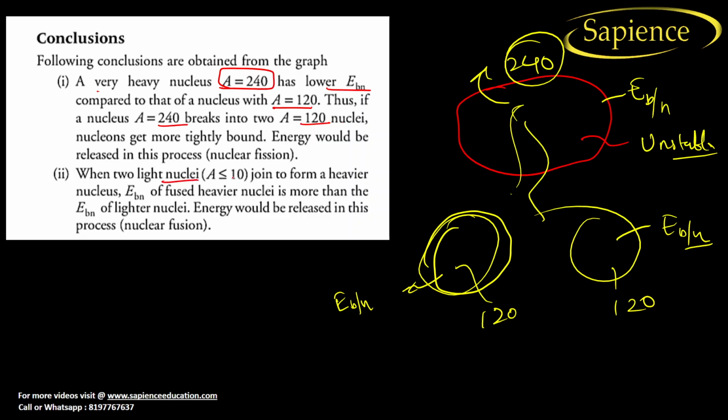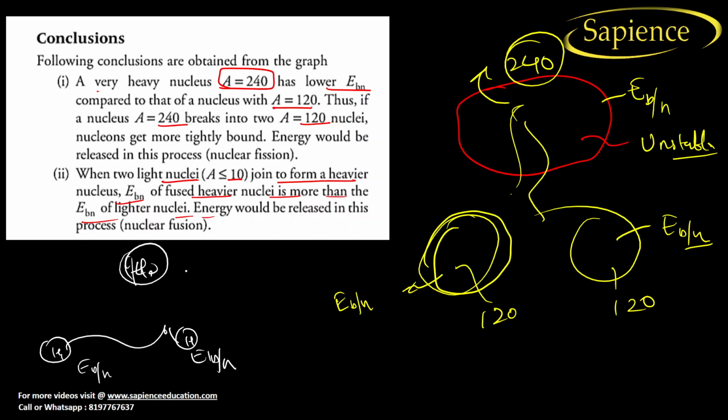When two light nuclei with A less than 20 join to form a heavier nucleus, the binding energy of the fused heavy nucleus is more than the binding energy of the lighter nuclei. Now let us consider hydrogen, H1 and H1. They have a very small binding energy per nucleon, but as soon as they combine to form lithium or helium, the binding energy per nucleon becomes very high.